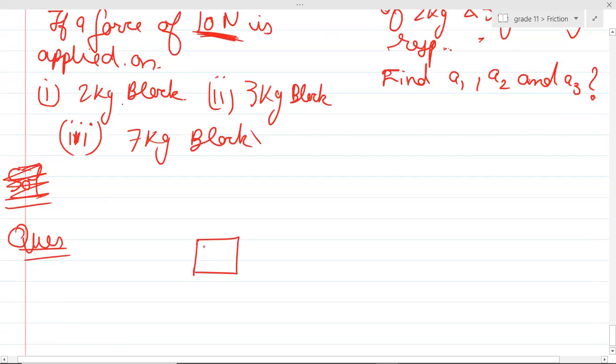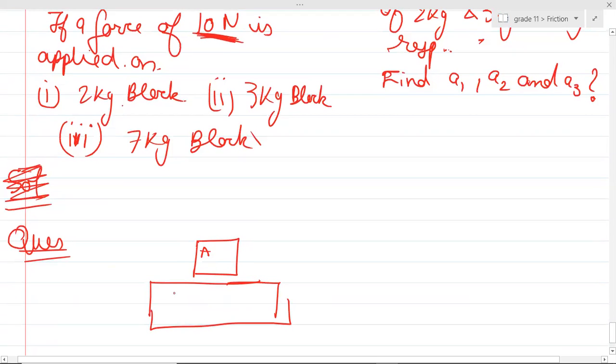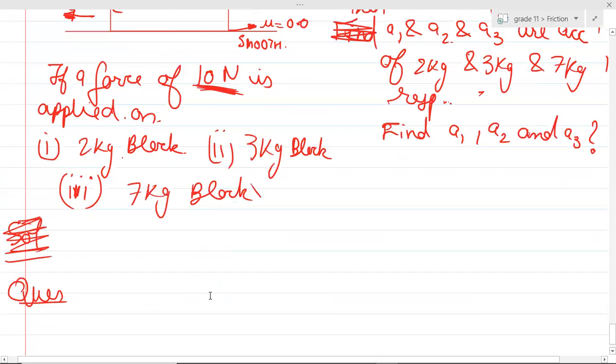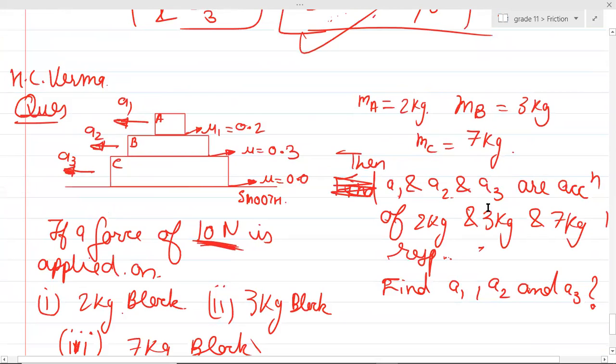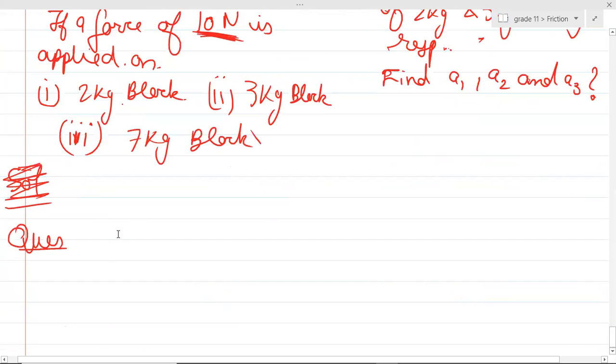There is a block A, there is a block B. Solve it later. It's a homework question. Okay. So, guys, can you see two blocks?